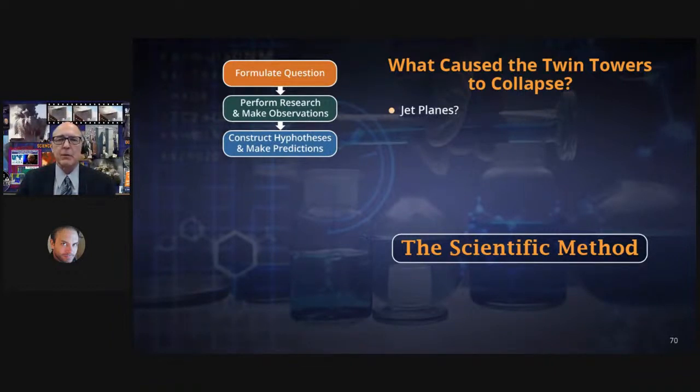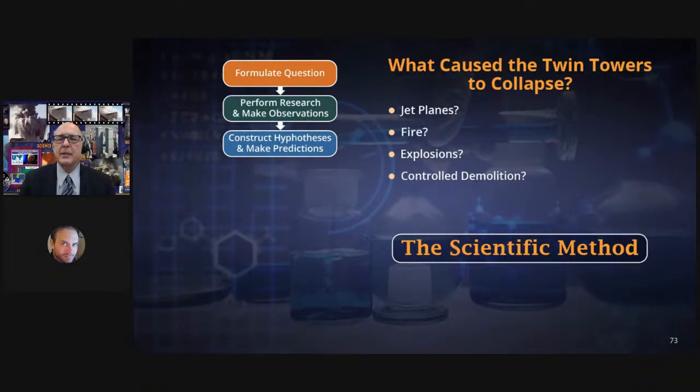Maybe the jet planes were primarily responsible. Maybe it was the ensuing fires. Maybe it was explosions. Explosions are certainly a part of the evidence, as we'll see, although denied by NIST, as we'll also see. Maybe controlled demolition, for which we'll be looking at a lot of evidence, makes sense.